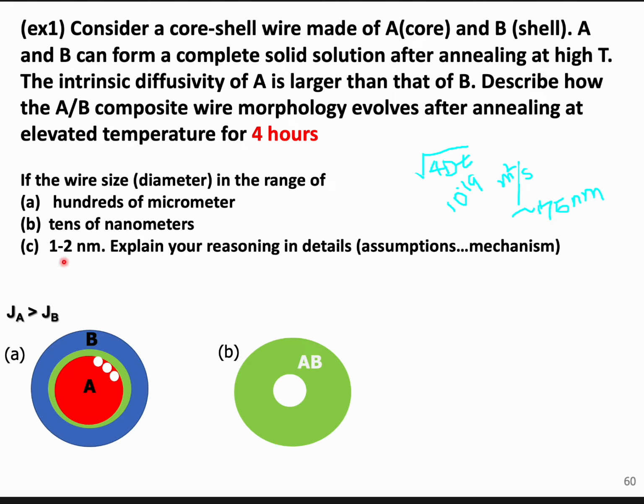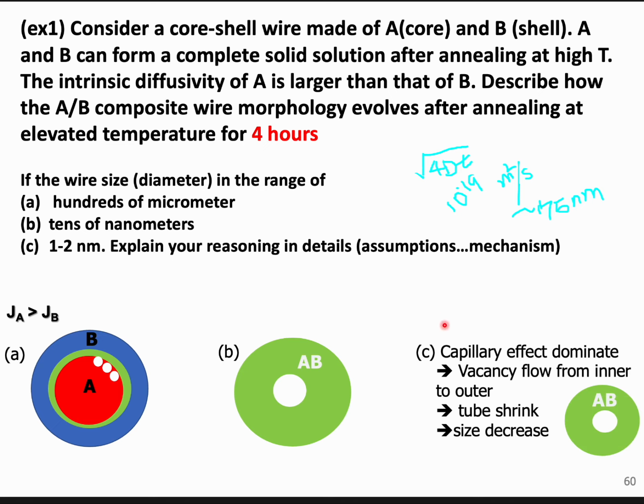And if the diameter is down to 1 to 2 nanometers, what happens? Because the diffusion length is 75 nanometers, roughly around 10 minutes, it already forms a solid solution like this, right?